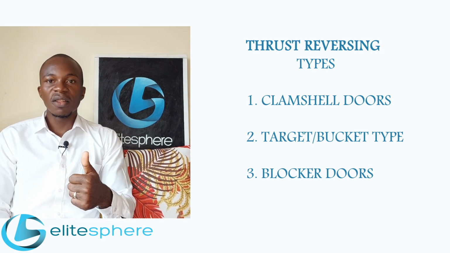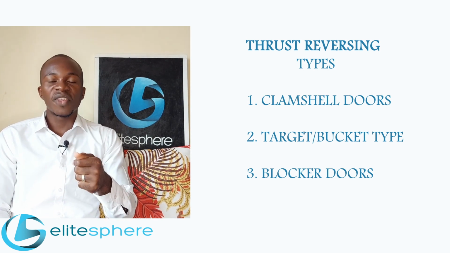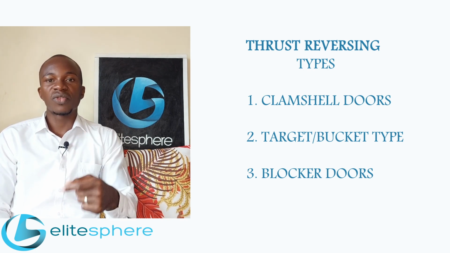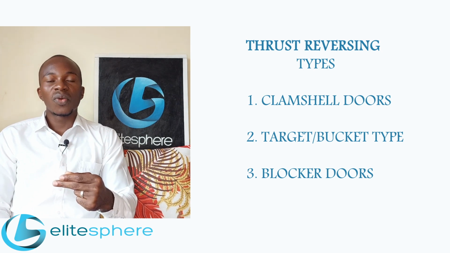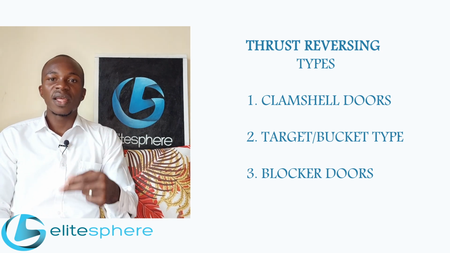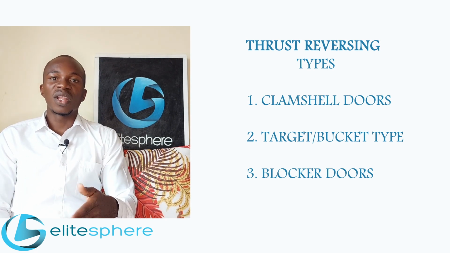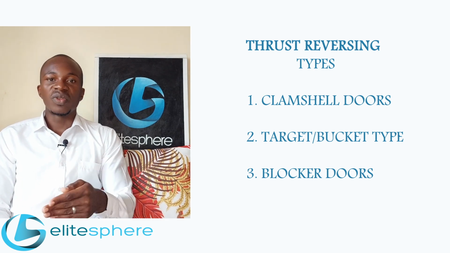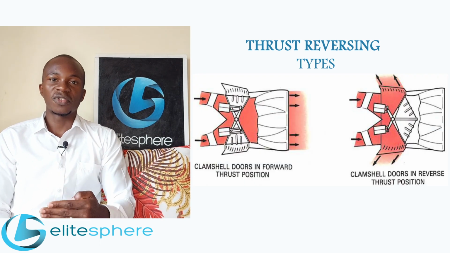For the clamshell and the target type, it is the hot air streams that are deflected forward in order to achieve thrust reversing. For the blocker door, it is the fan air that is deflected forward, in what is called cold flow or cold stream thrust reversing.